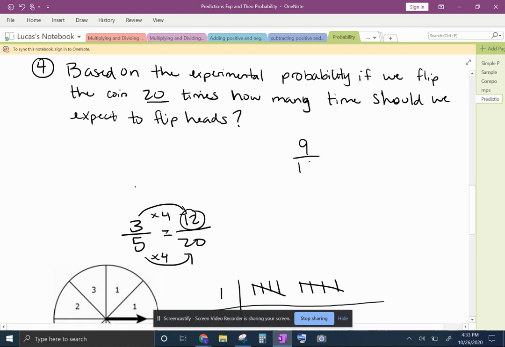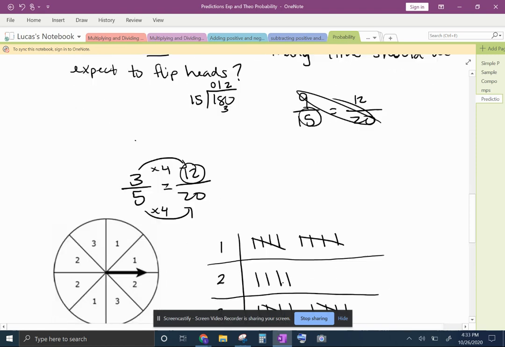So I could take 9/15 and 20, and I could multiply 20 times 9 and divide it by 15, cross multiply and divide. So that would be 180 divided by 15, which would be 12. It doesn't go into 1, but it does go into 18 one time, and it leaves over 3, and then it goes into 30 2 times, so that'd be 12. And so cross multiply and then divide. So those are 3 separate ways that you could solve proportions.